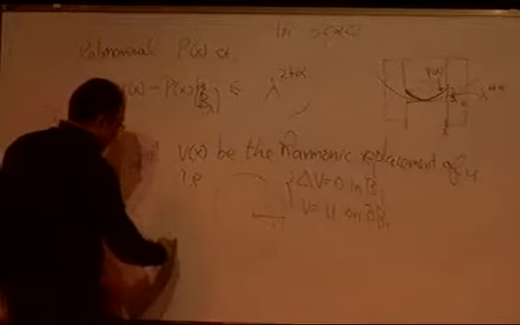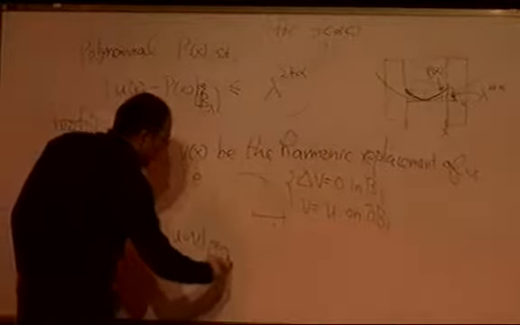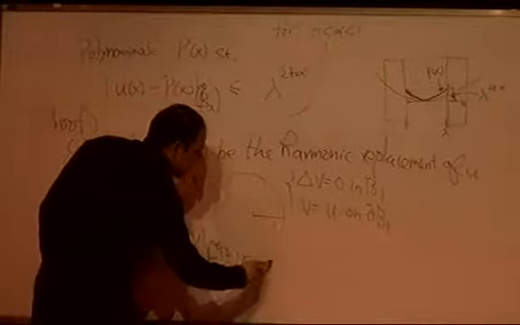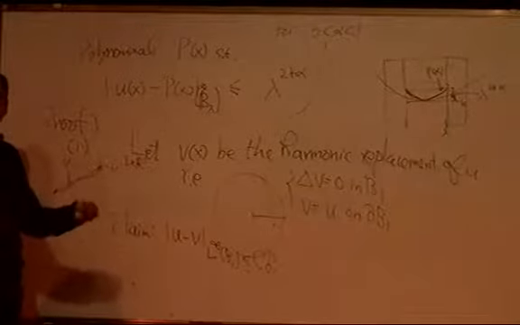Then the claim is that the difference between u and v in L infinity on B1 is bounded by a constant times delta, because you change f by a small number delta.